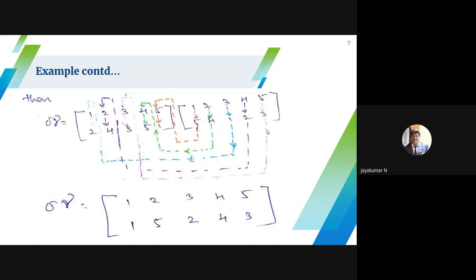Suppose you find the image of 1 in sigma, that is 2, and the image of 2 in gamma is 4. So finally 1 maps onto 4. But in the other way, 1 maps onto 1.